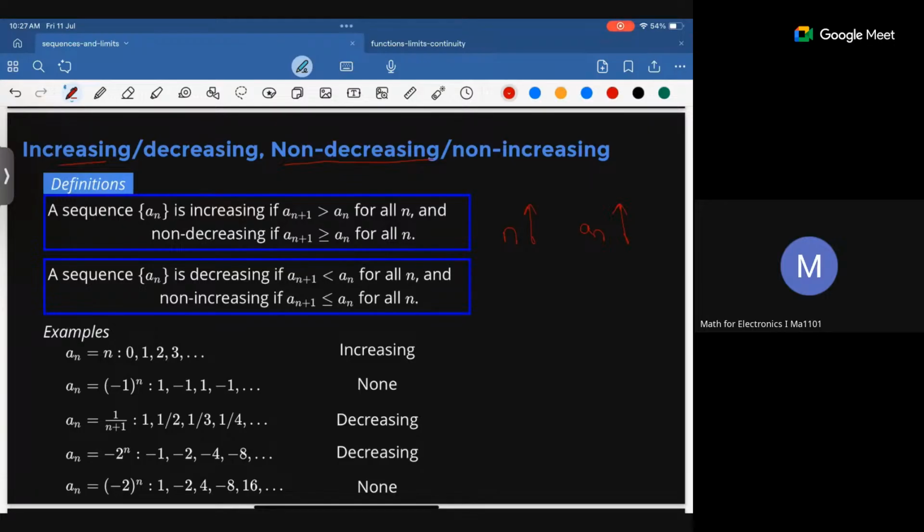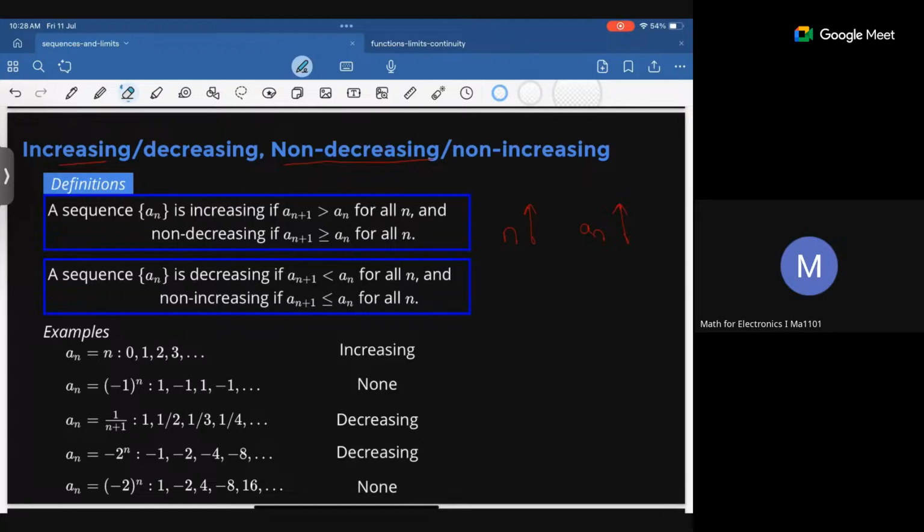So there is some relaxation for increasingness that we are going to provide so that that sequence is called a non-decreasing. Okay, so there is a slight difference. You just have to understand it. That's it. So there is an equal to coming here, right? So that means there is some relaxation in comparison with the next term and the current term. Okay, so that is non-decreasing. Mostly increasing is sufficient for us.